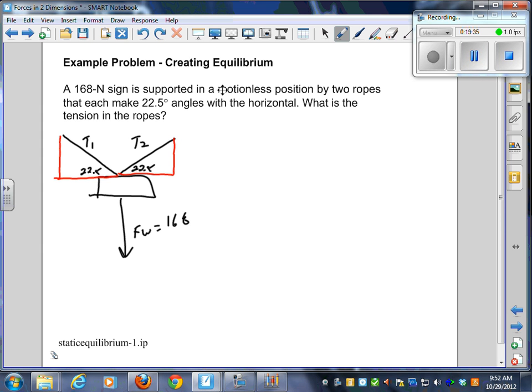Okay, so I'm going to call this one over here in red T1V. And I'm going to call this one T2V. And if T1 and T2 are equal to each other, then T1V must equal T2V, right?